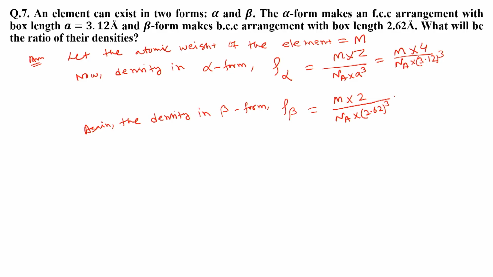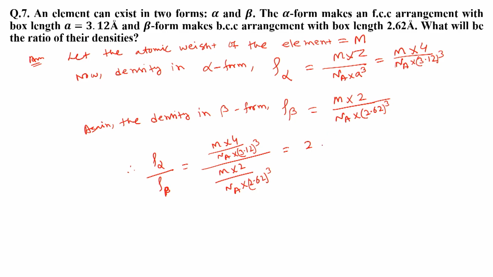So the ratio of the densities, rho alpha by rho beta, will be m times 4 by Na times 3.12 raised to the 3 by m times 2 by Na times 2.62 raised to the 3.